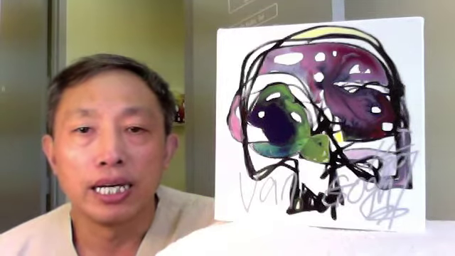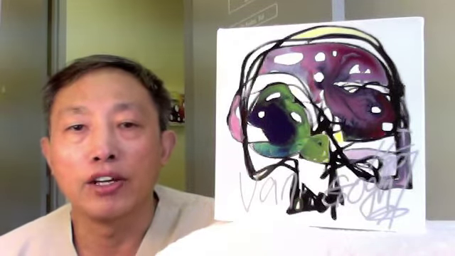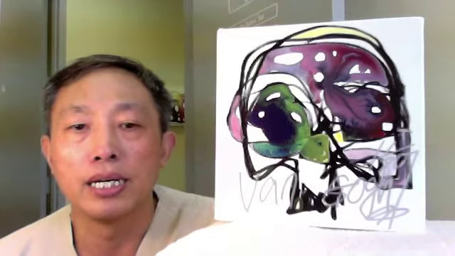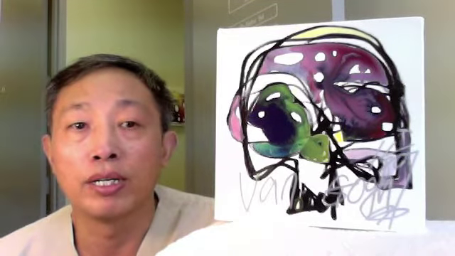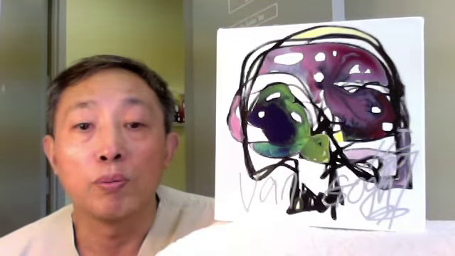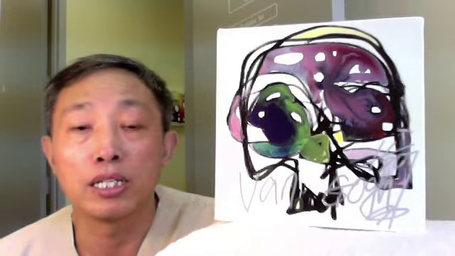So that's the talk today. If you have more questions about my art and about yin and yang, about the balance, let me know. And I hope you have a balanced life and a balanced mind and also a balanced spirit.